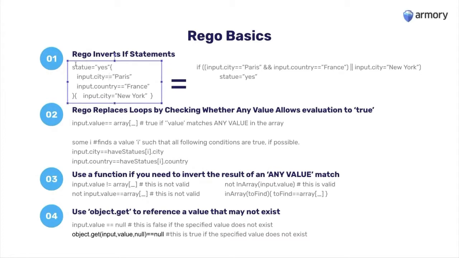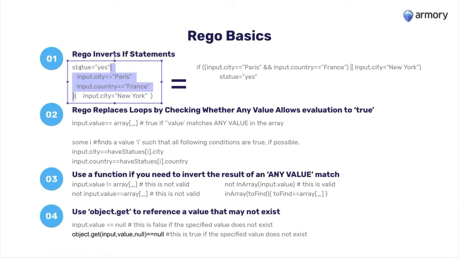So here you can see this statue equals true. That will only be evaluated if the curly brackets evaluate to true. Here you'll notice I have two sets of curly brackets. The reason for that is that inside of a set of curly brackets, all of the conditions are ANDed together, but you can have multiple sets of curly brackets, and those will be ORed together.